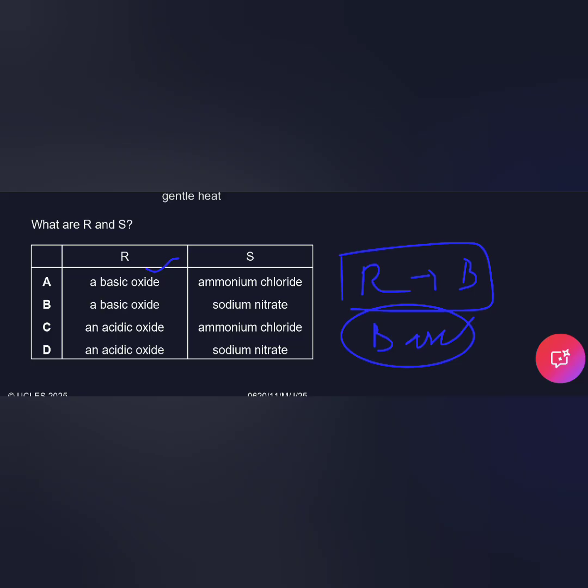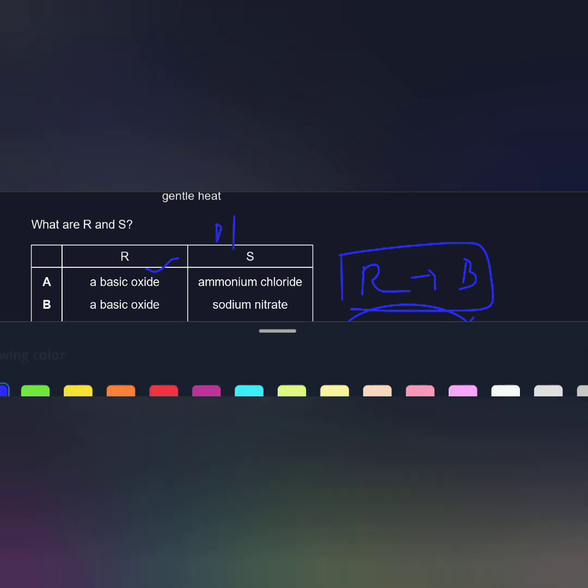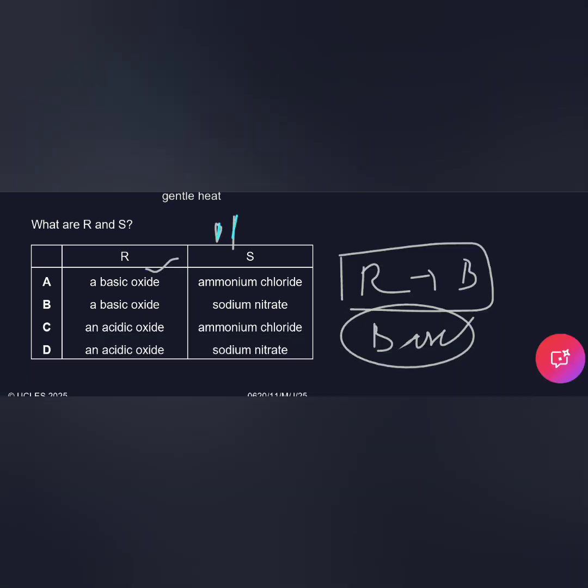So ammonium chloride, NH4Cl, and any basic oxide like copper oxide.